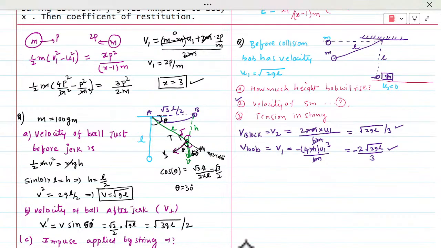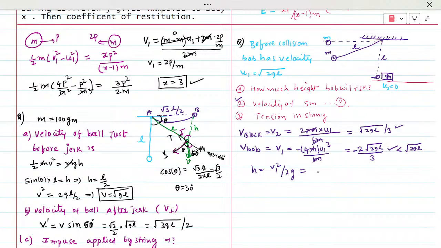Now the height rise. It will not go to the initial height, because this velocity is less than the initial velocity root 2gL. Therefore it will not rise to the same point. The maximum height is V1 square by 2g.